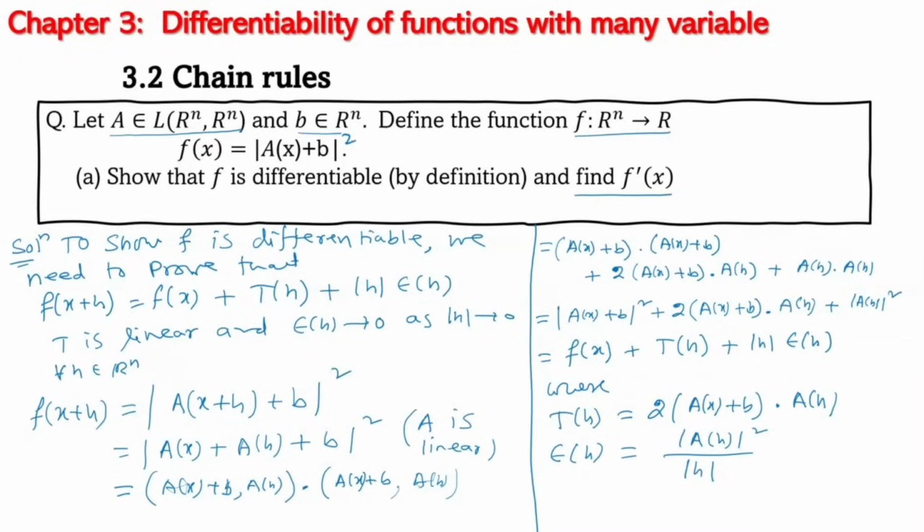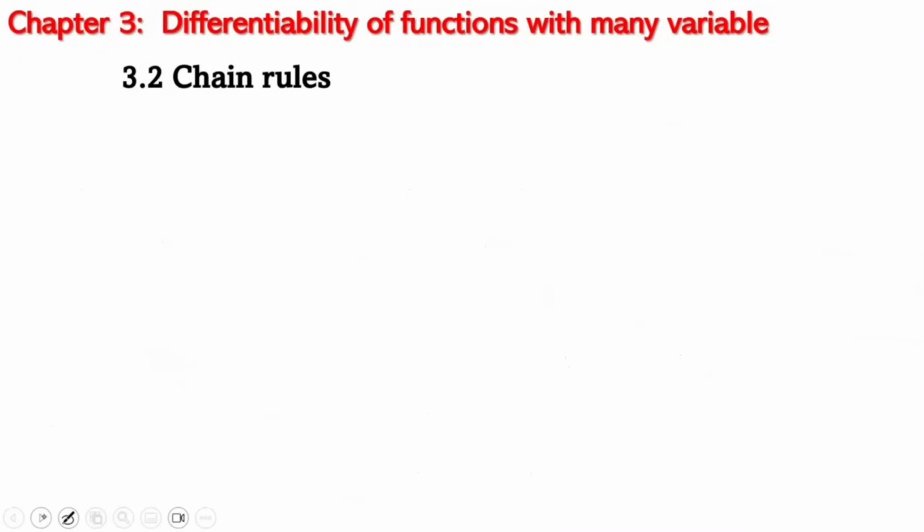Now we are left to show that t is linear and epsilon h tends to 0 as h tends to 0.